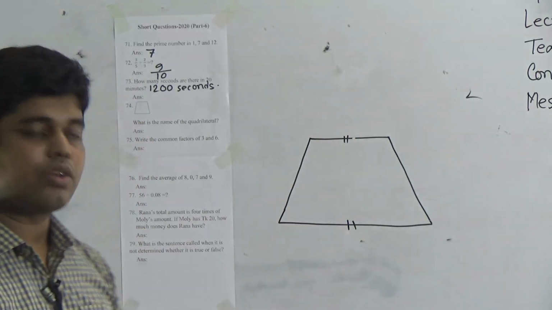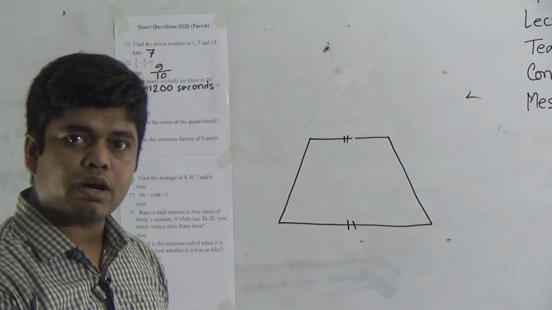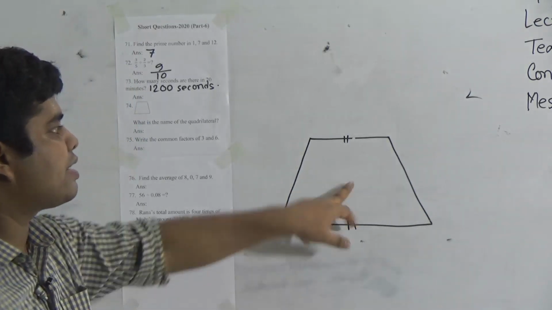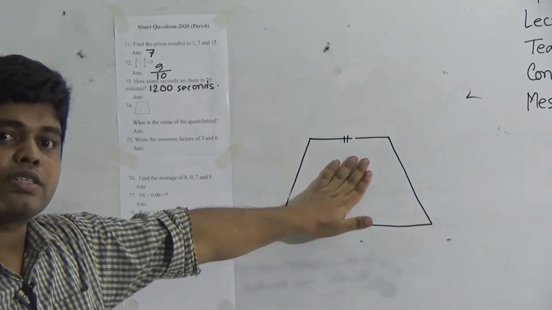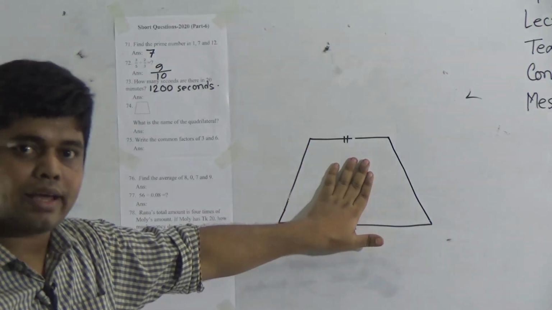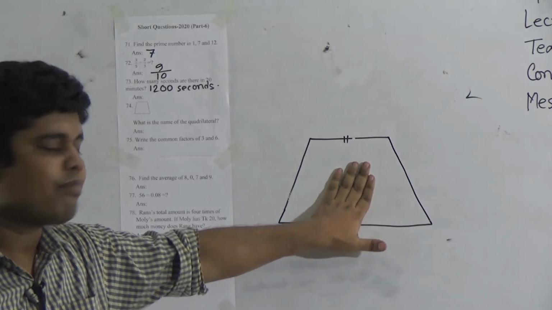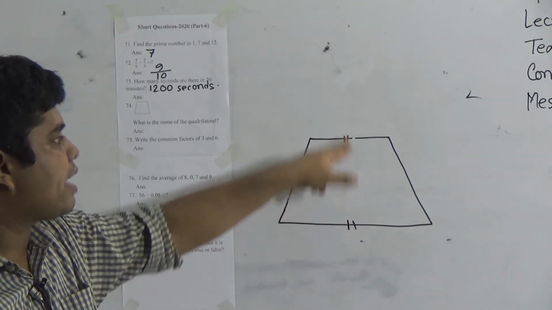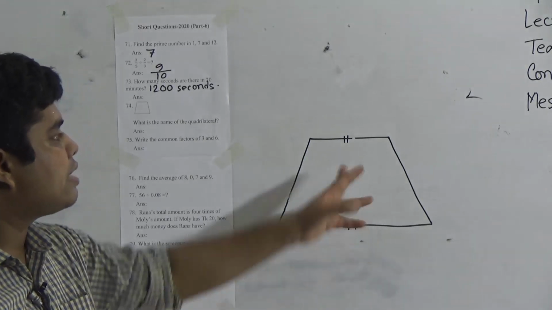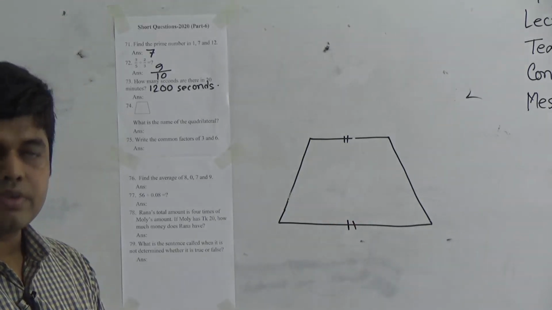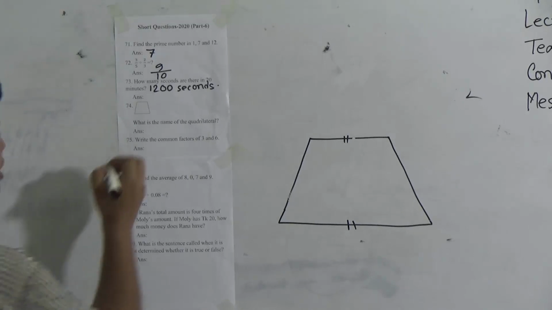For this reason, we can say that this figure is a trapezium. I repeat, if a quadrilateral has a set of parallel lines, that figure is called a trapezium. So write here trapezium.